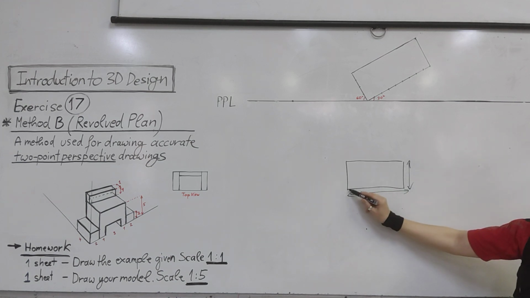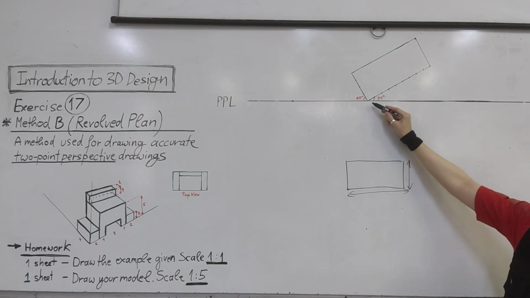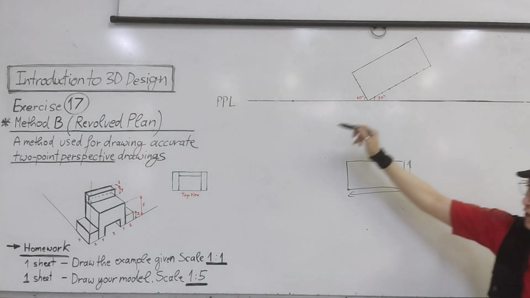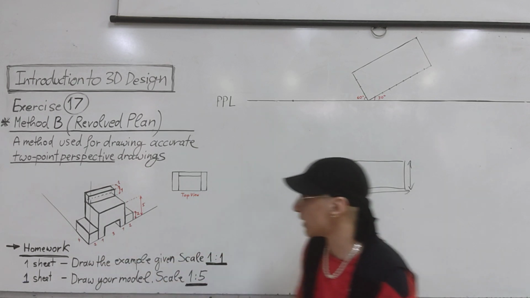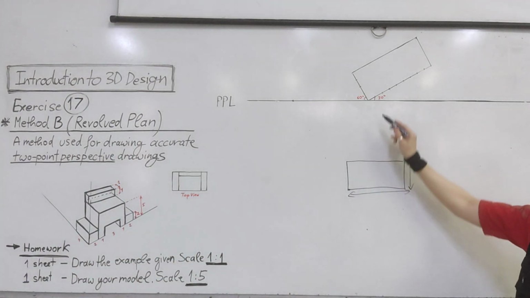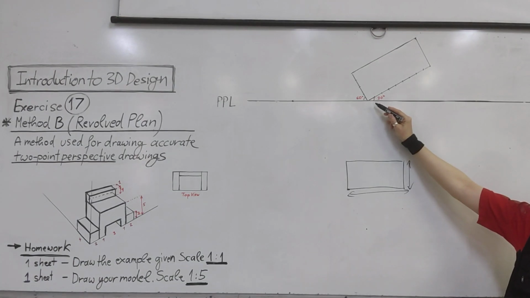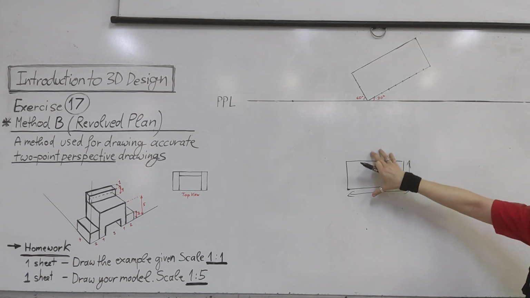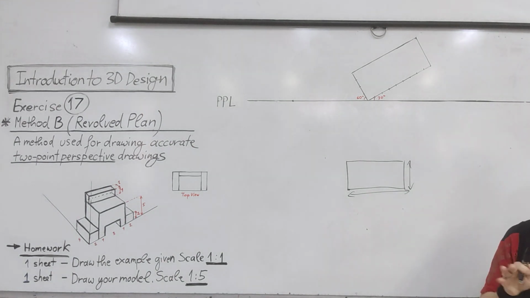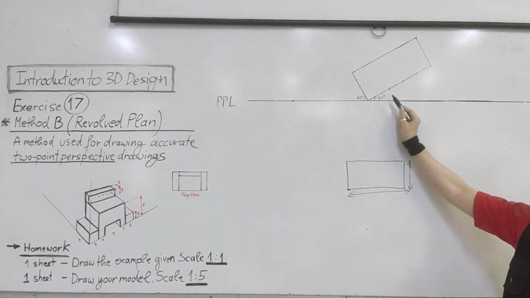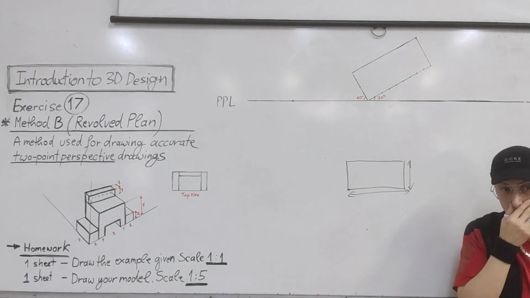Then, which corner of these should be here? Okay? So if you made a sketch of a drawing, and this is the corner that should be here, then the same one you should choose to place on the picture plane line. Then, you will take this and rotate it according to 30, 60 degrees. After that, you will draw inside the details with correct measurement.